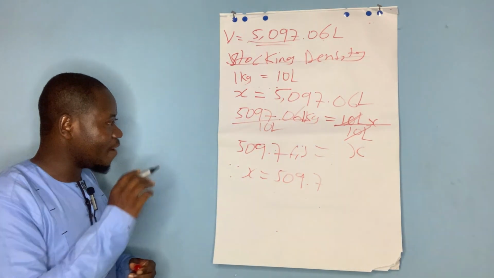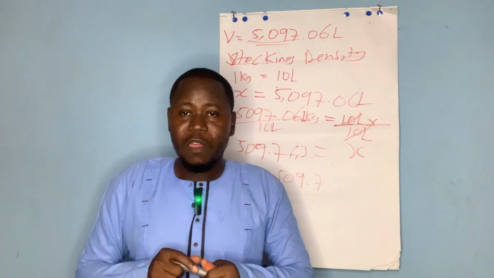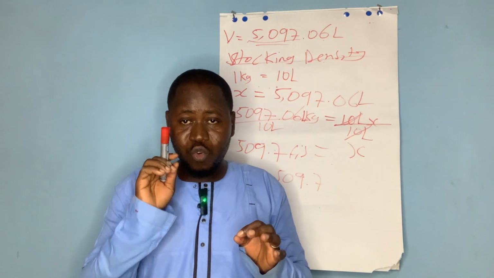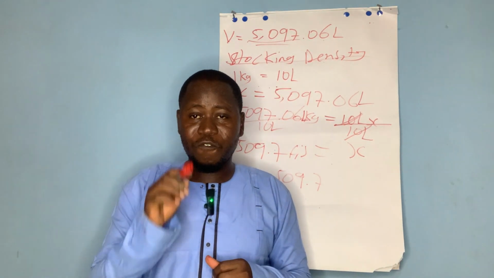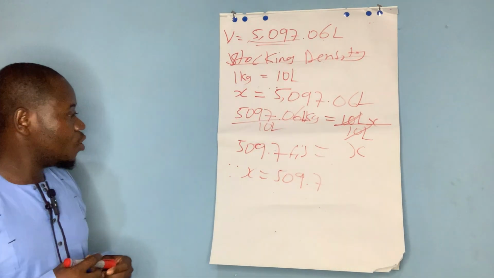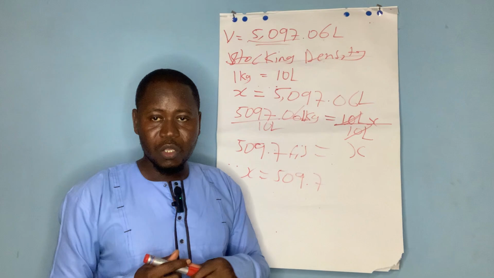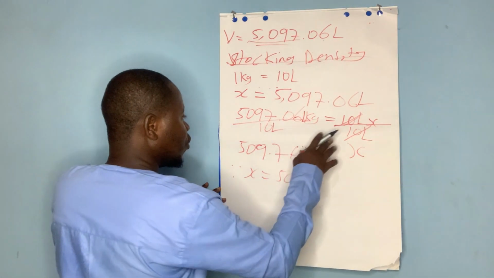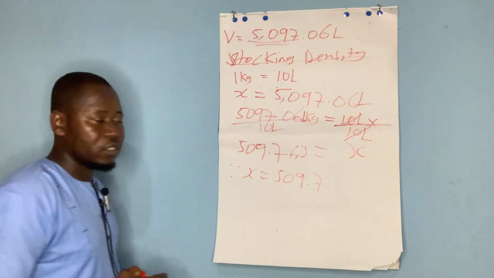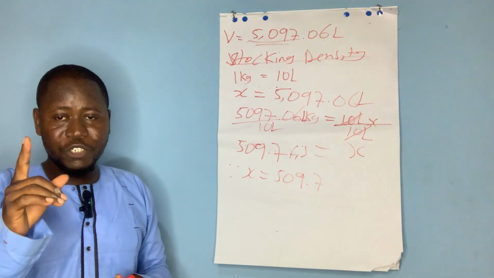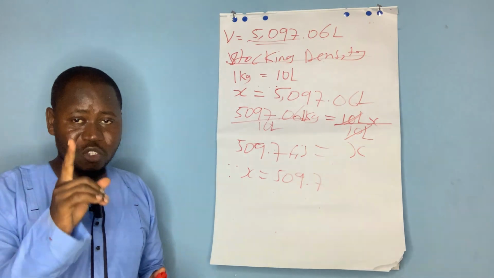I said earlier, assuming we are not going to raise the fish to 1 kilogram, maybe we want to raise it to 500 grams, that's half of the 1 kilo. So instead of 1 is to 10, we can now say 2 is to 10 liters. We now use 10 liters of water to produce 2 fish.